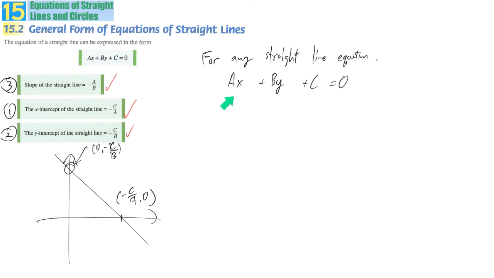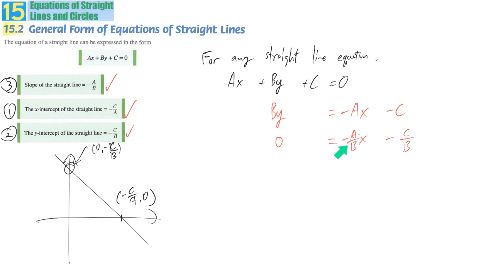But I still think the most convenient way is to change this to slope-intercept form. Then we can get the slope and also the y-intercept immediately. If we change it to slope-intercept form, we isolate the y term, and I don't want b there, so both sides are divided by b.